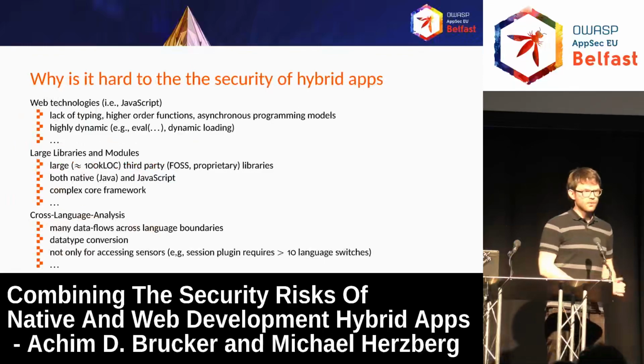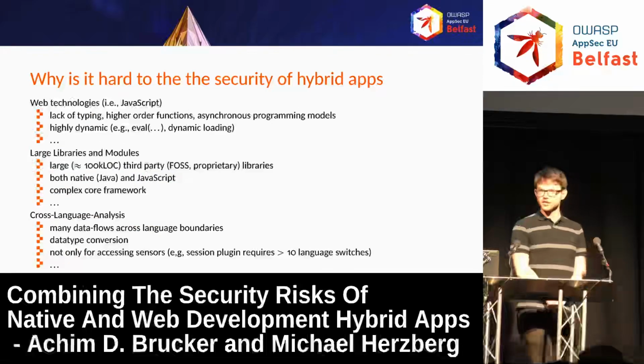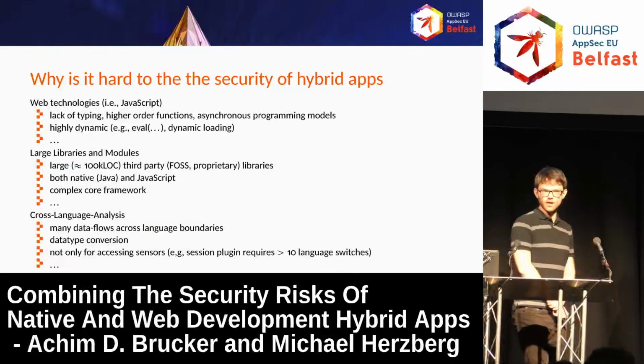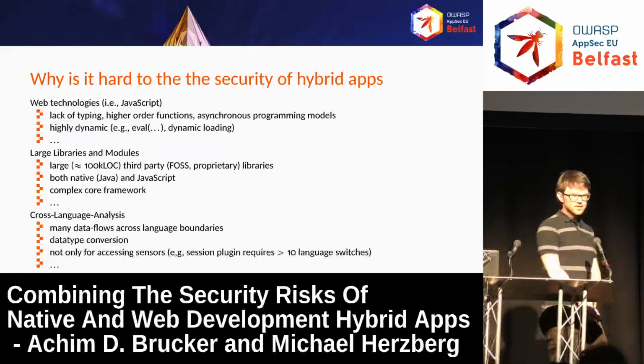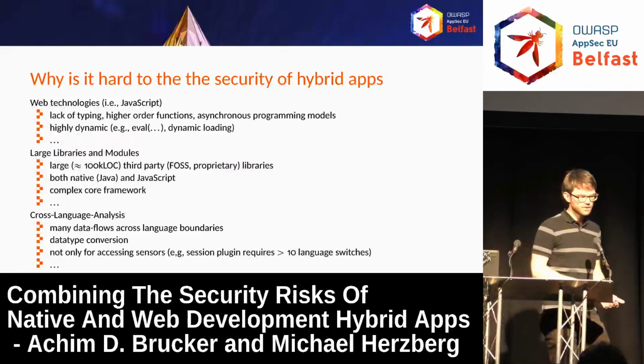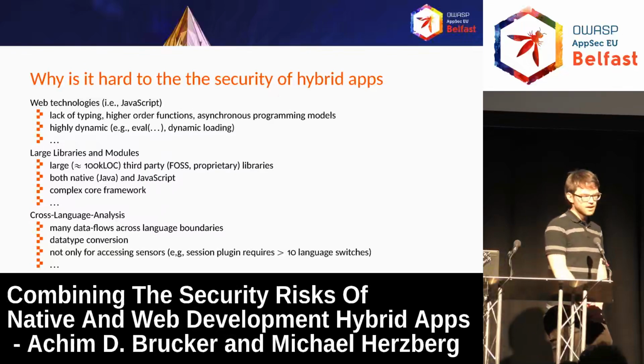Now I want to put the focus a bit more on the security side of Cordova apps and the ones that we found. So why is the security of these hybrid mobile apps so hard? Well, first of all, you have the JavaScript side of your app. There you have the normal challenges that you face with your typical JavaScript application.